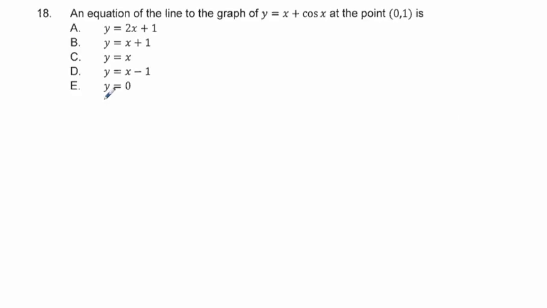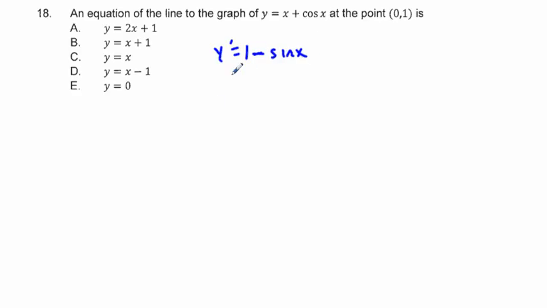Next, 18. The equation of the line tangent to the graph of y equals x plus cosine x at the point (0, 1) is, well, we have a point already. We need to find the slope. So y prime is going to be equal to the derivative of x, which is 1, plus the derivative of cosine x, which is negative sine x.